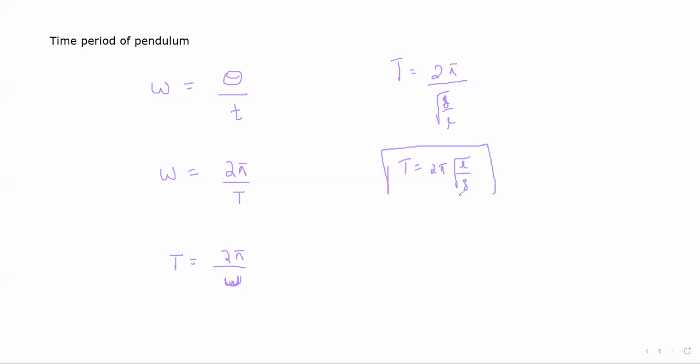That is the formula for time period, which you may have studied before, but this is a derivation of how this formula is derived for the time period of a simple pendulum.